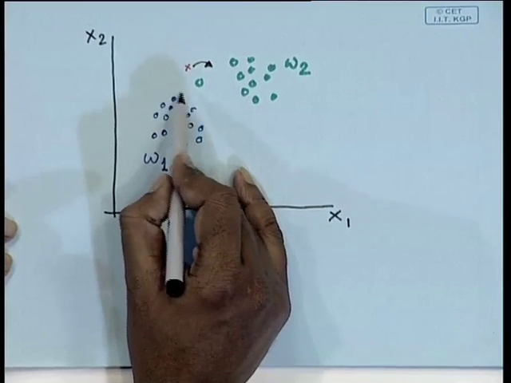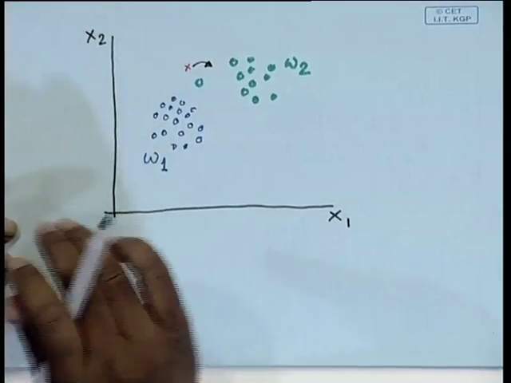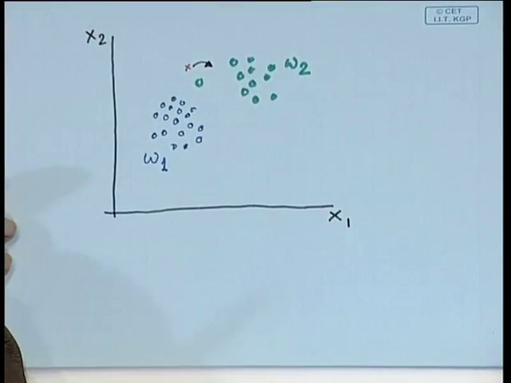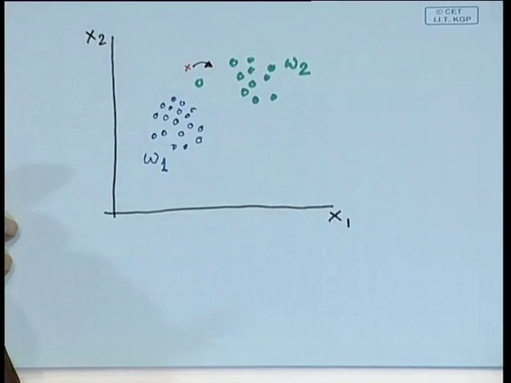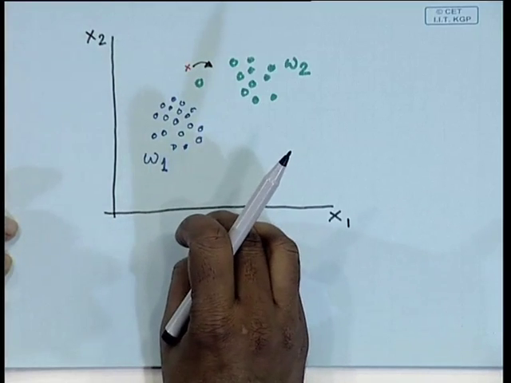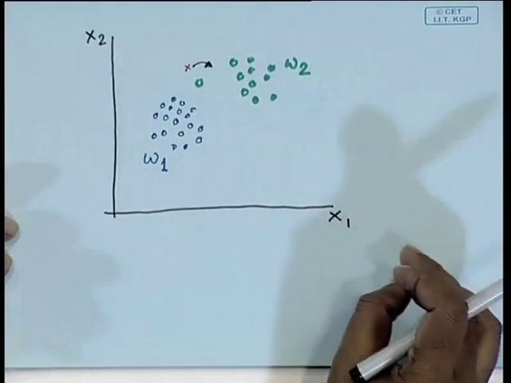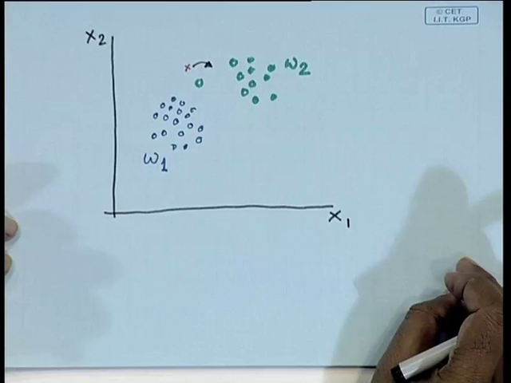But without looking at the density of the training samples, we are blindly classifying this unknown sample to a class which is nearest to one of the training samples. So, this sort of nearest neighbor rule does not take into consideration the maximum probability of a class.